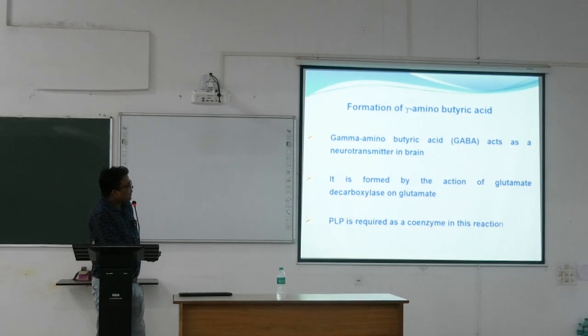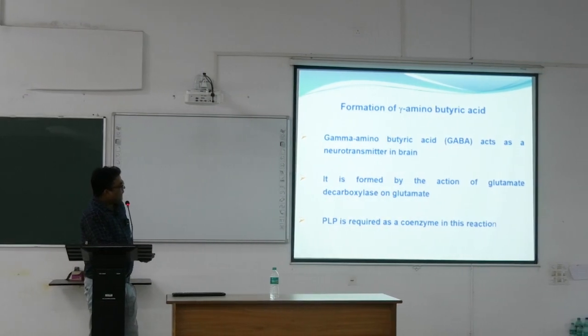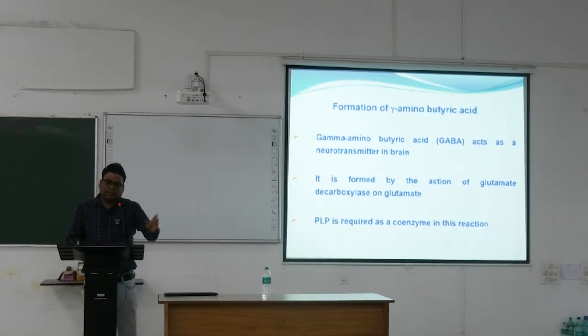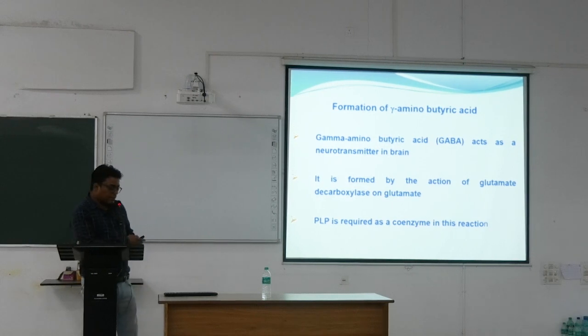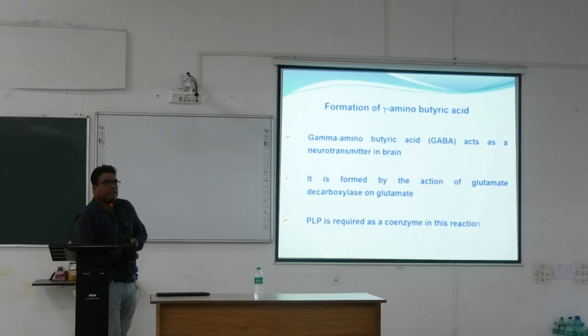Now, gamma aminobutyric acid acts as a neurotransmitter in the brain. It is formed by decarboxylation of glutamate. PLP is required as a coenzyme in this reaction. So these are the important neurological functions. It is helpful for sending neural signals at neuromuscular junctions.